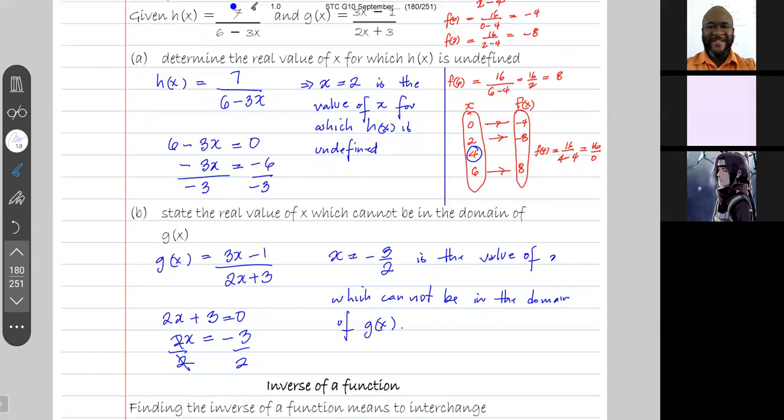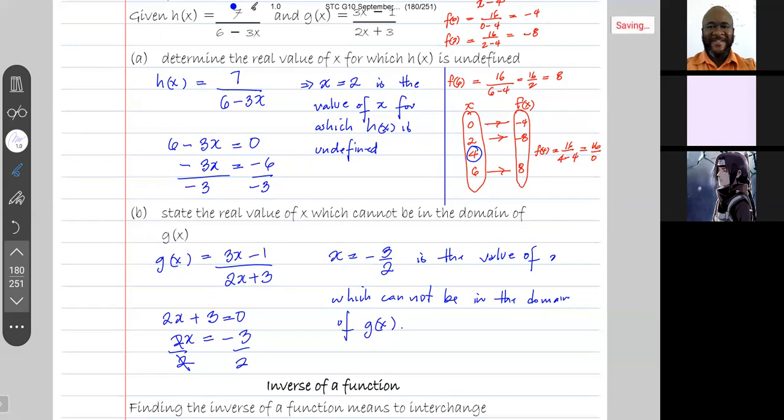And if the denominator comes out to be 0, there will not be any value for g of minus 3 over 2. G of minus 3 over 2 will not have any value because minus 3 over 2 will make the denominator equal to 0. And if the denominator is equal to 0, you won't get any value because it is impossible to divide by 0.